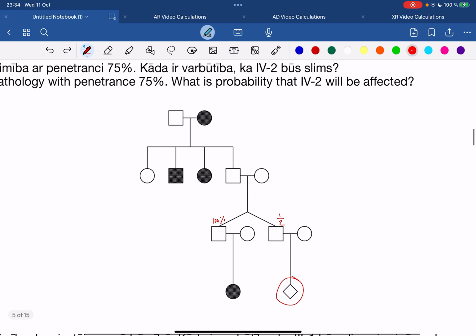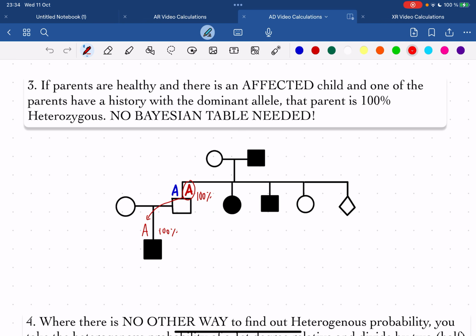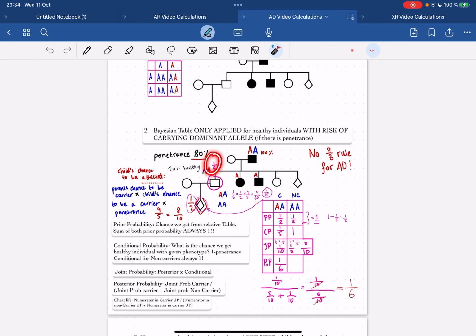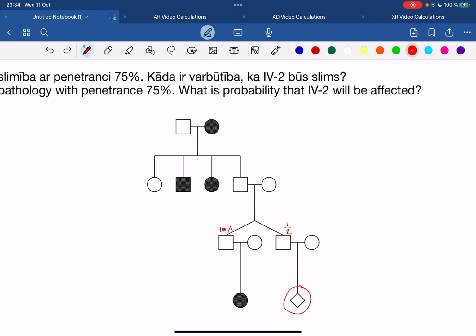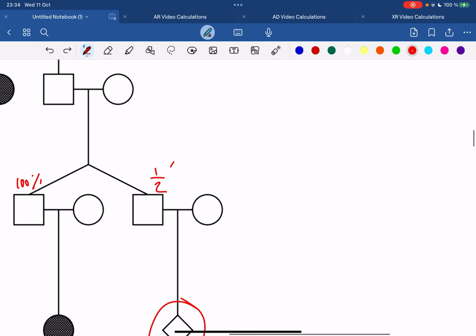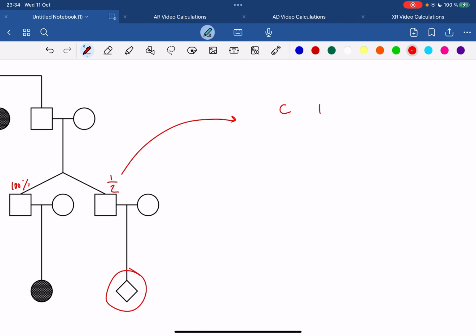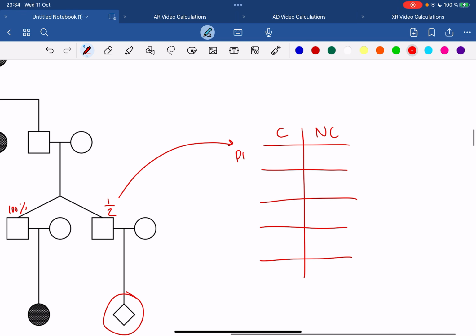But since it's autosomal dominant, every time we are unsure about something, we have to do a Bayesian table for autosomal dominant specifically. So now we're unsure about this person being a carrier. So let's do, there we go.